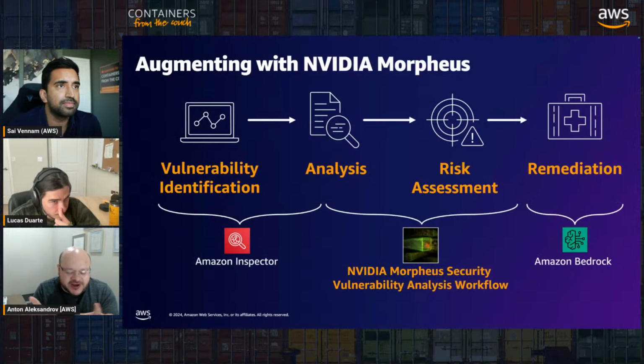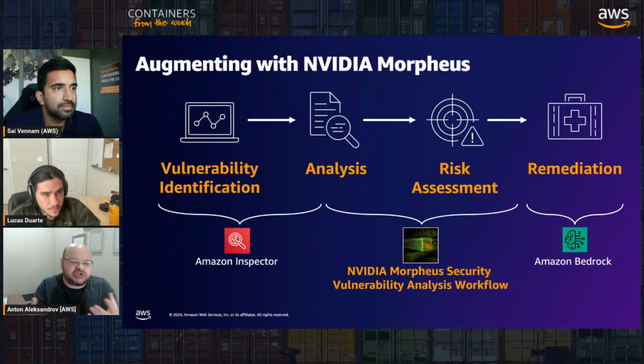Now, the other option, and this goes into our partnership with NVIDIA, is the stuff that I'm super excited about. There's a process that many organizations have, called something like AppSec review. Before you ship something, you need to go through a security review.